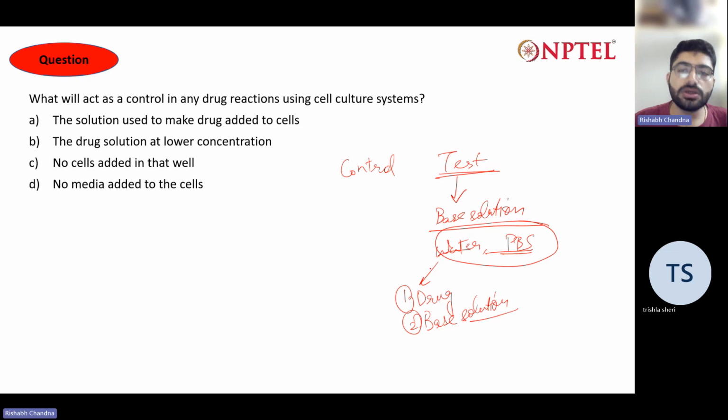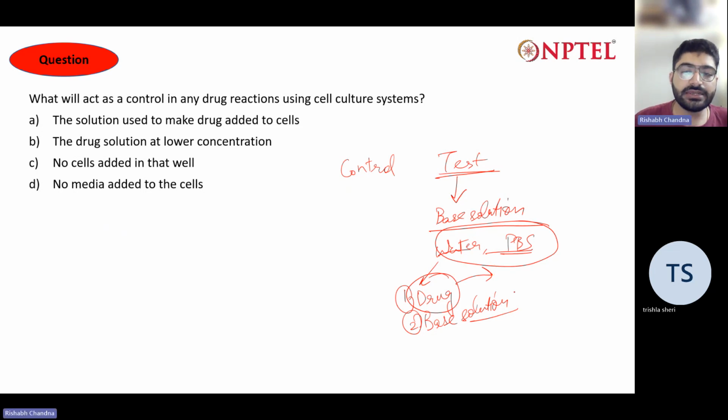Okay. So now when we add any drug to the media, the effect is not solely from the drug, it is from the solution that it is dissolved in also. So we have to test this thing also.